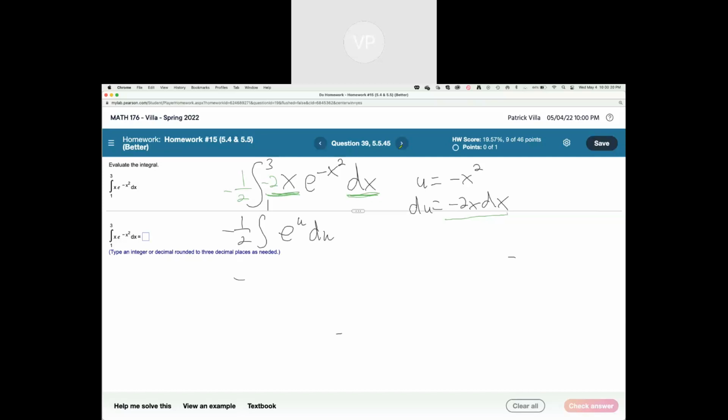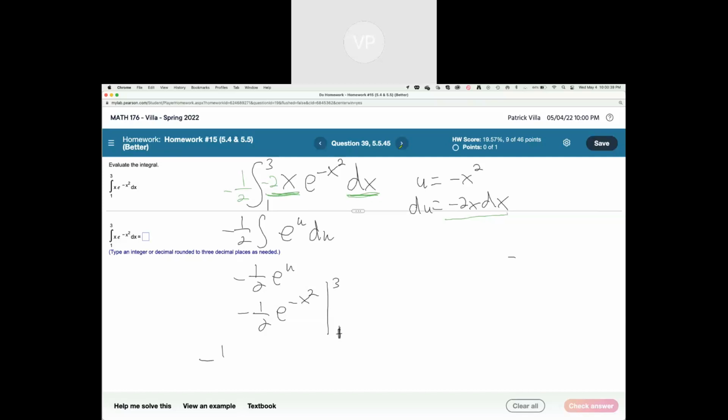Now the easy part is the integration, because all you do is you just get negative 1/2 e to the u. So we substitute back e to the negative x squared, and now we're going to integrate from 1 to 3.